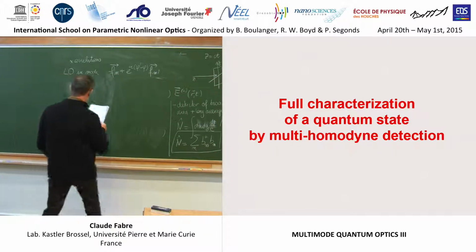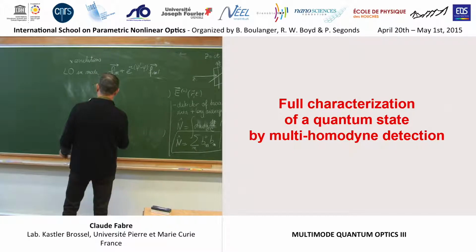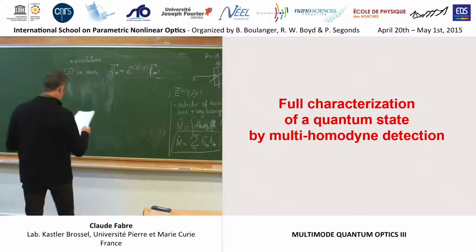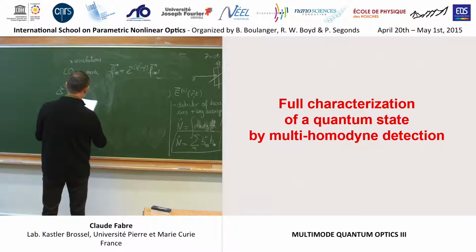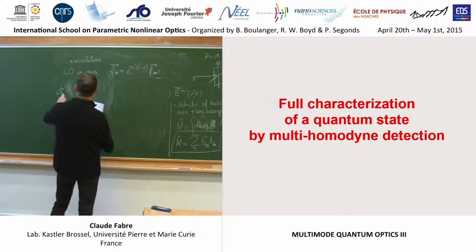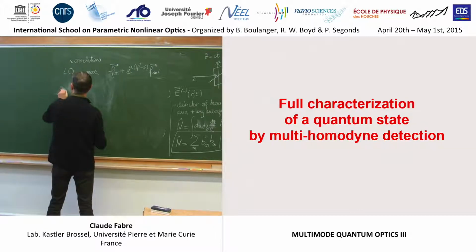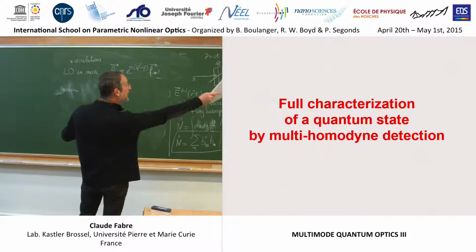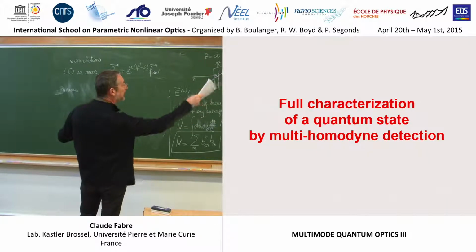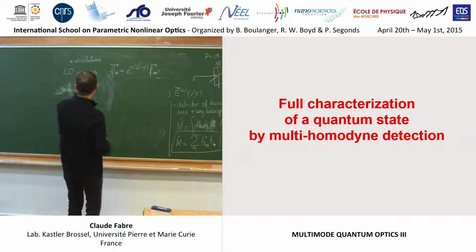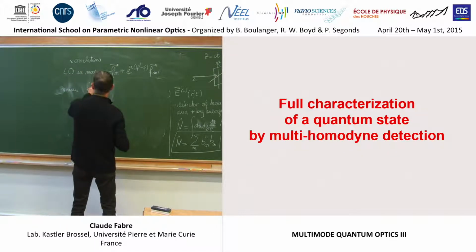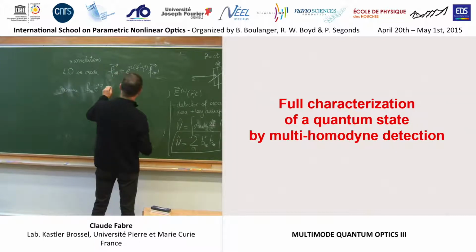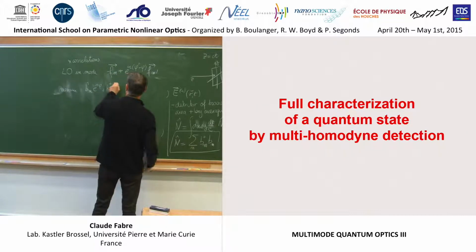And if you do that, what you measure is delta squared. Of course, the combination will be a bit more complicated than this one, which will be Bm e to the i phi, because it's this term, plus B dagger m e to the minus i phi.